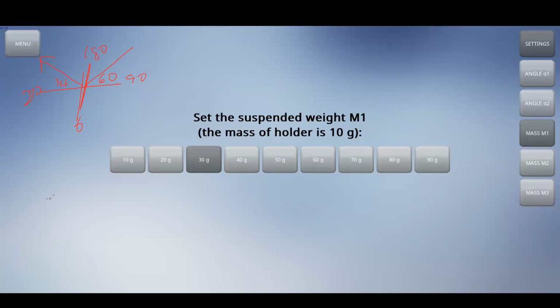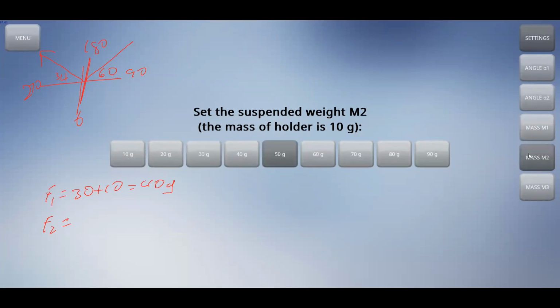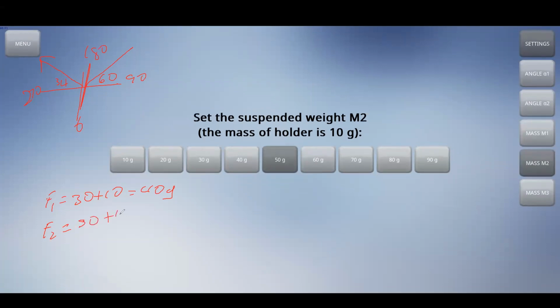So F1 is 30 plus 10, 40 grams. And F2 is equal to 50 plus 10, which is 60.